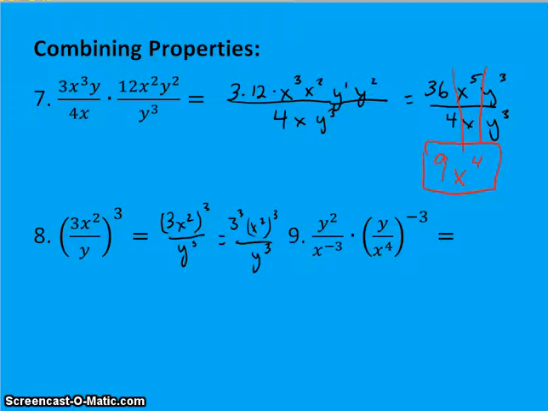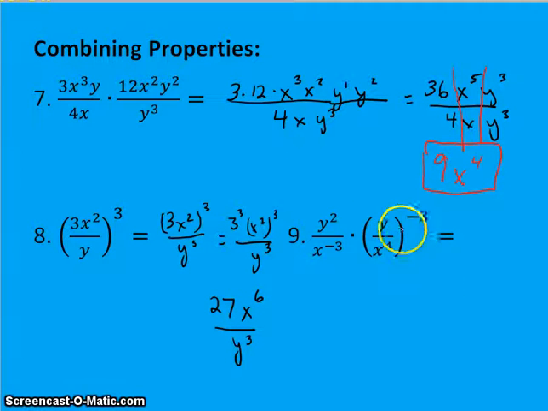So 3 to the third is 27. Now it's x to the 2 times 3. It's a power to a power, so 2 times 3, which is 6, over y to the third. And that's simplified. The numbers are simplified. The x's, there's none to reduce, and the y's, there is none to reduce.